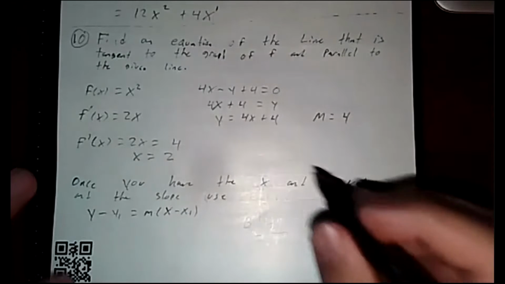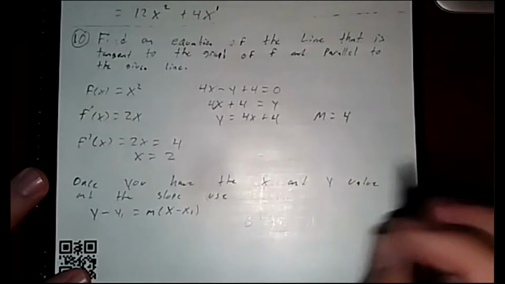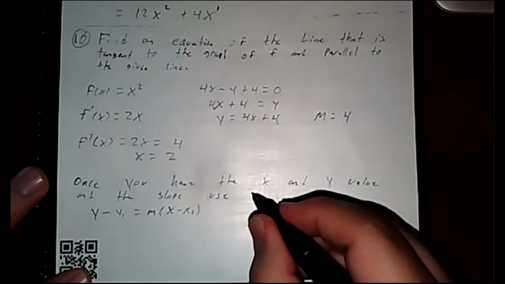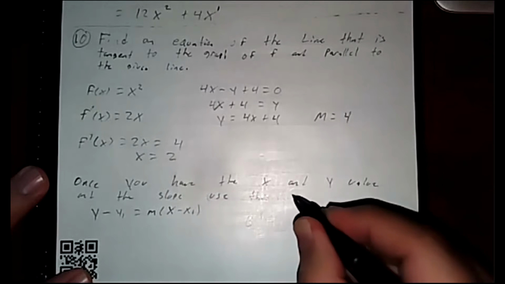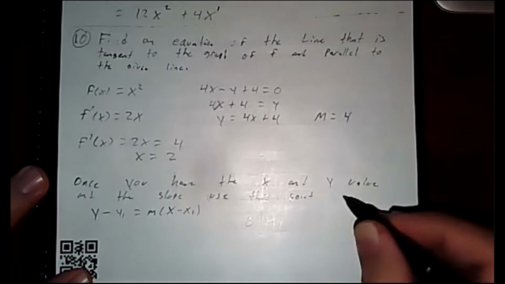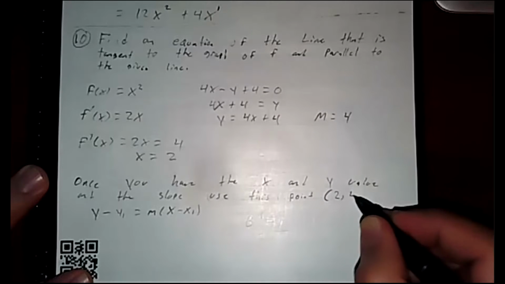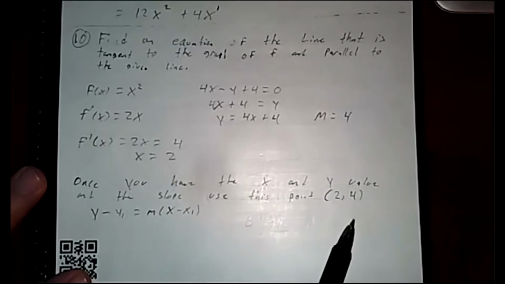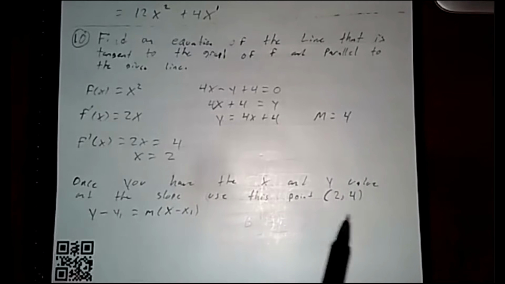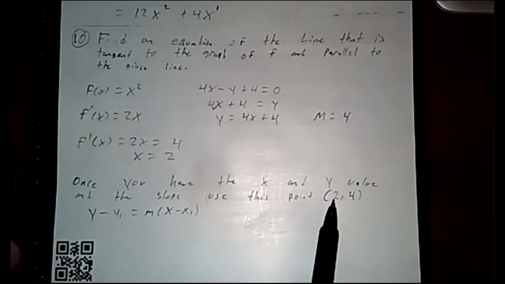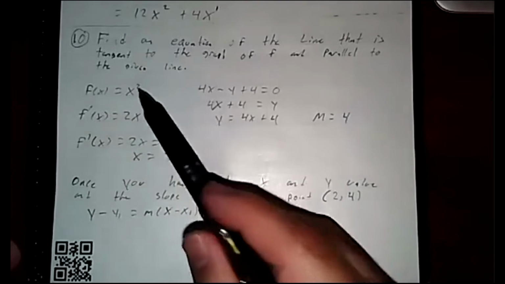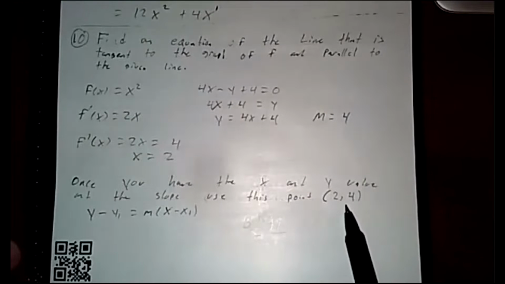So the point that you need is (2, 4). They did not give this. If they would have given this to us, this question would have been much easier, but they didn't. So you need to figure out the x, and once you have the x, you plug it into the original and you get the y.